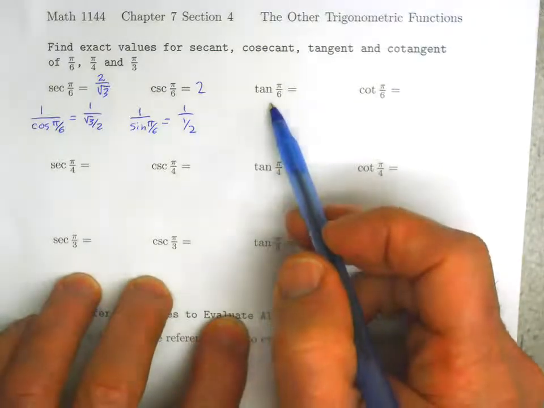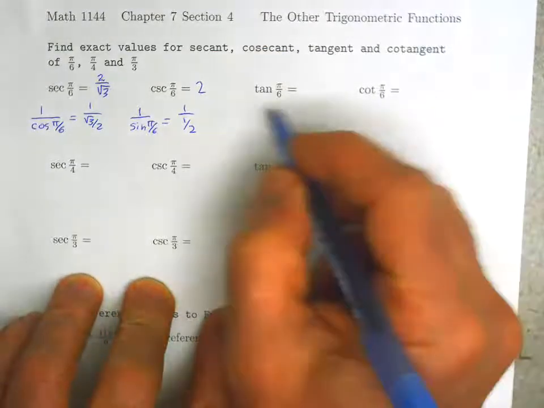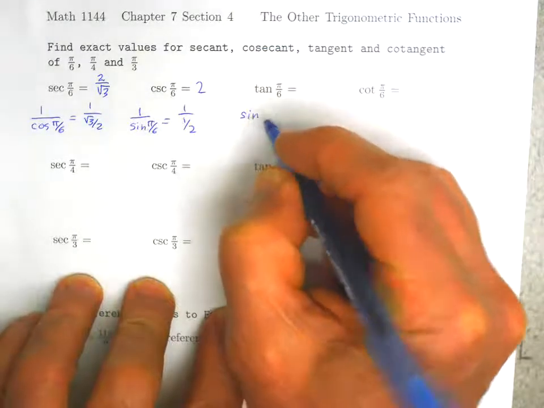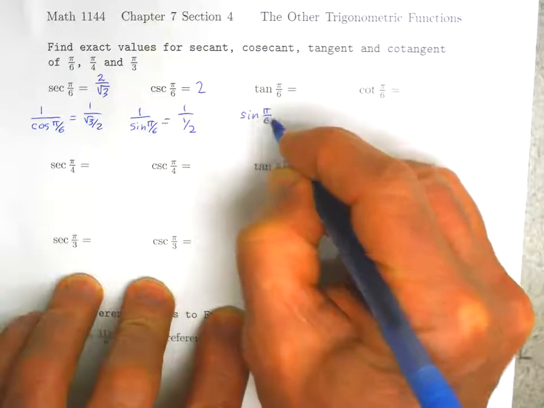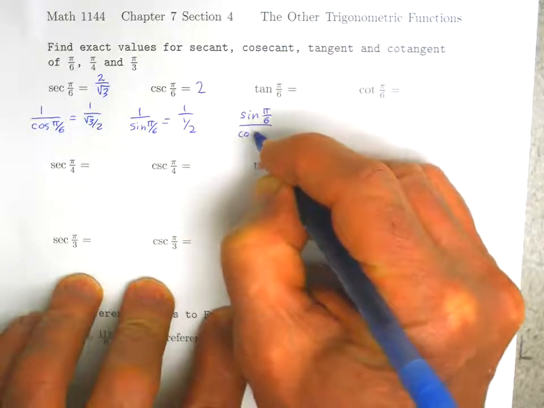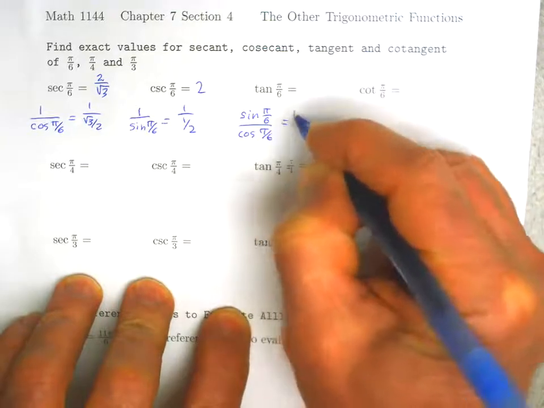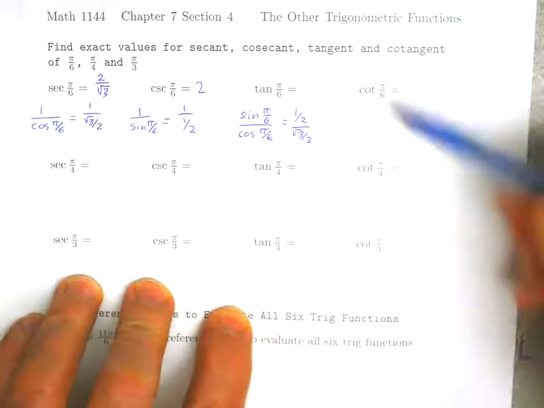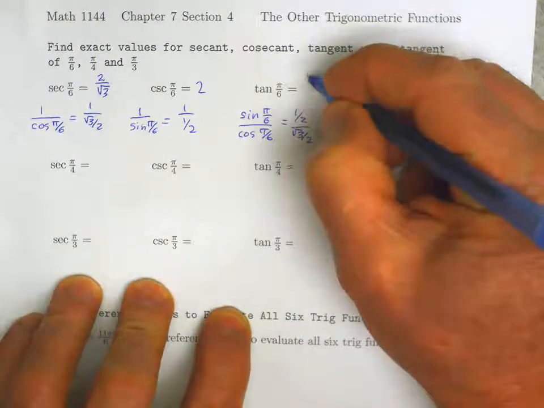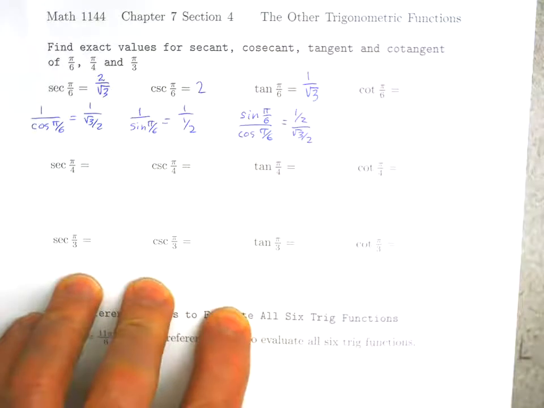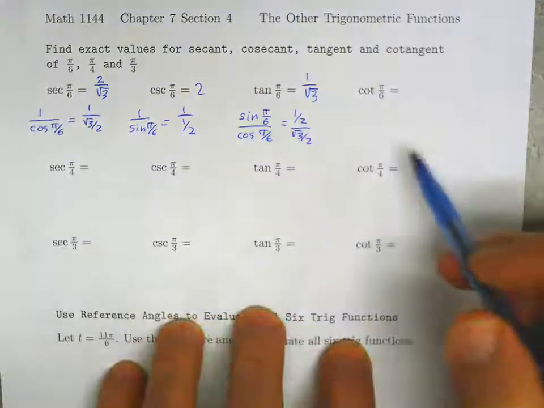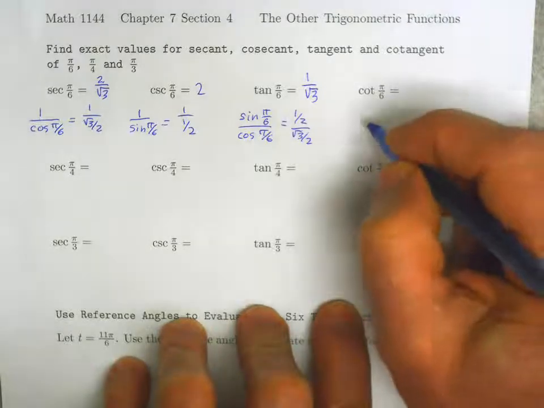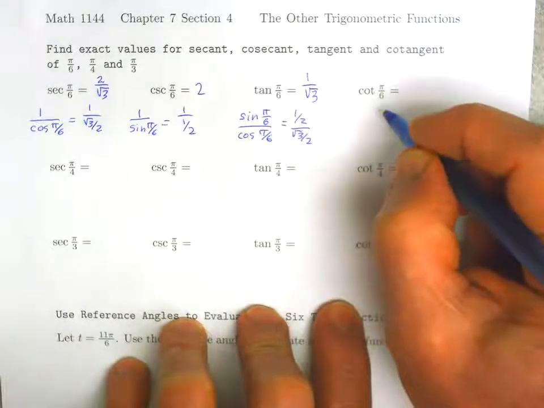Tangent of pi over 6. Well, we know now that tangent is equal to sine over cosine. So sine of pi over 6 divided by cosine of pi over 6, or 1/2 divided by the square root of 3 over 2. And when you simplify this, you get 1 over the square root of 3. Cotangent of pi over 6, that's the reciprocal of tangent.